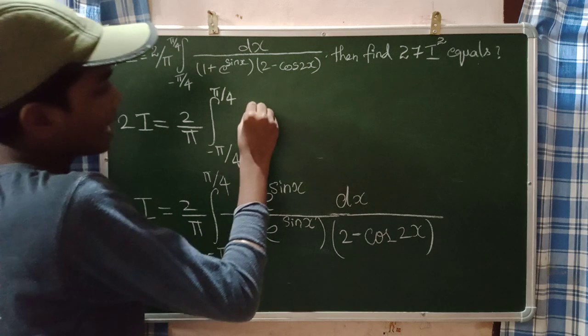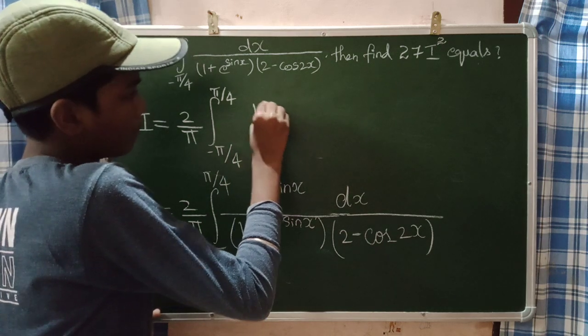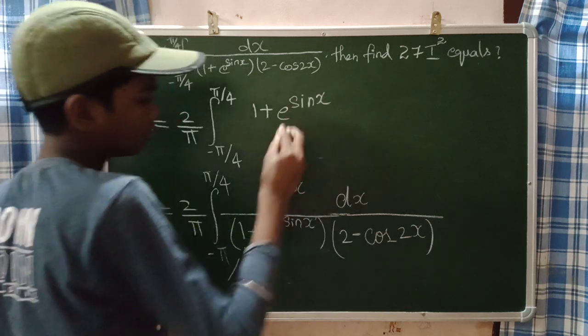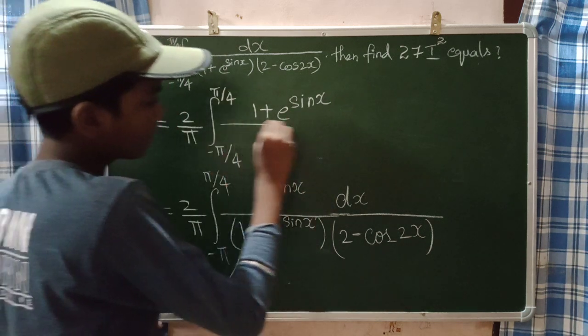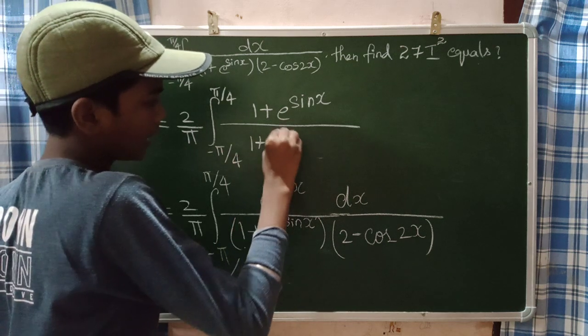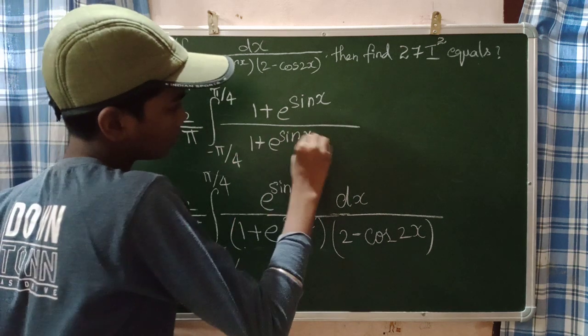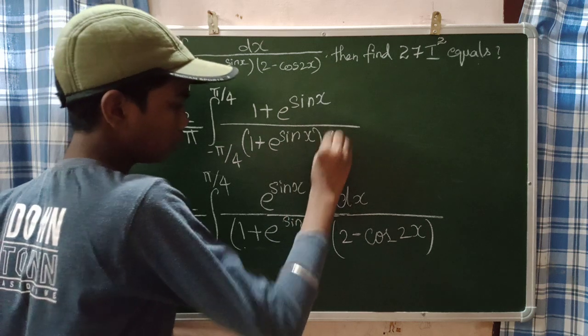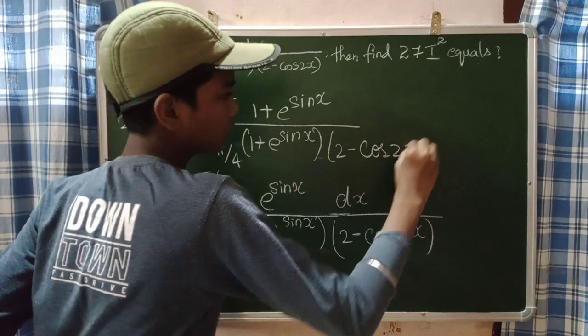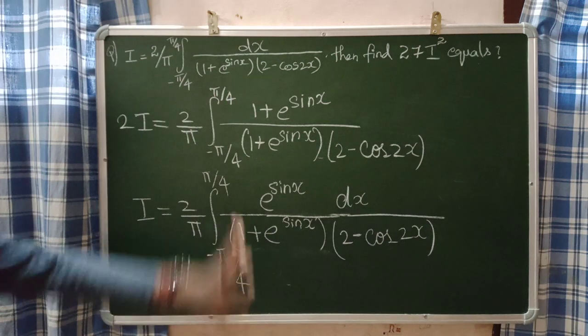When I add the numerators directly, you will get 1 plus e to the power of sin x plus e to the power of sin x, divided by 1 plus e to the power of sin x, into 2 minus cos 2x. This is what you get when you add these two integrals.